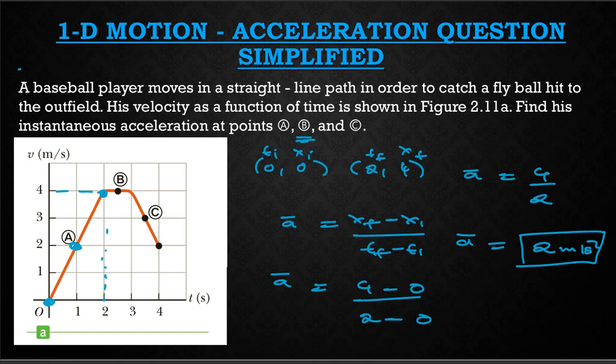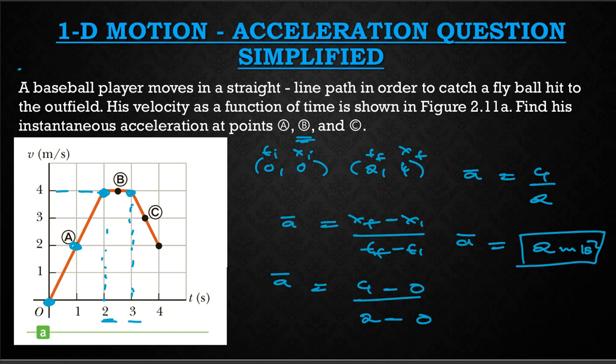So now we can go and find the instantaneous acceleration at point B. Point B is running from this point up to this point, so we can take the points. As you can see, it is ending at this point. So we have our t initial to be 2 and our t final to be 3.